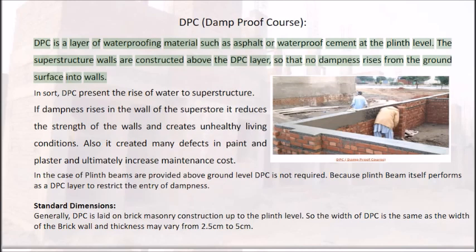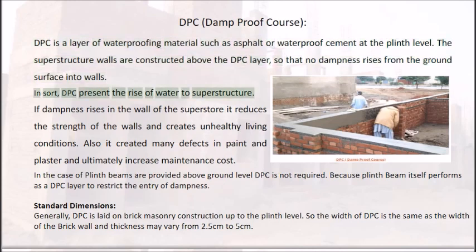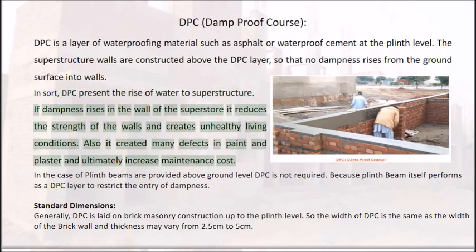In short, DPC prevents the rise of water to the superstructure. If dampness rises in the walls of the superstructure, it reduces the strength of the walls and creates unhealthy living conditions. Also, it creates many defects in paint and plaster and ultimately increases maintenance cost.